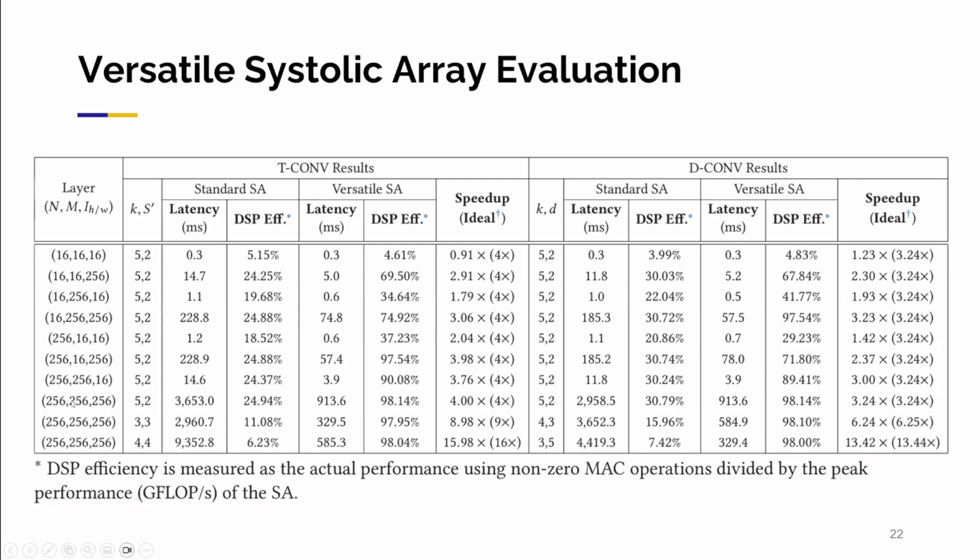But once we go to the more computation intensive layers, we see that we can achieve close to the ideal speedups, which are just the convolution without all these redundant zeros. Similarly, in the dilated convolution, we can also achieve these ideal speedups. The DSP efficiency is just the actual performance using the non-zero MAC operations divided by the peak performance of the systolic array.